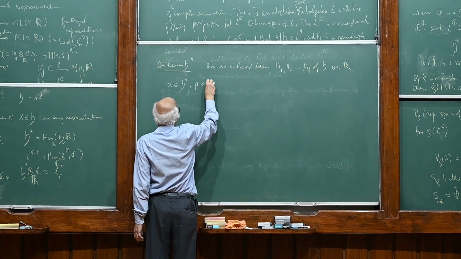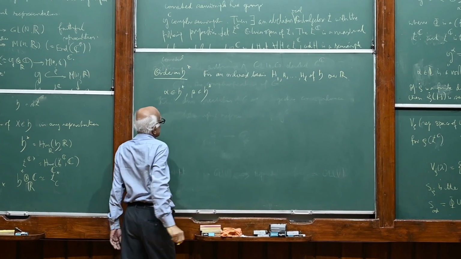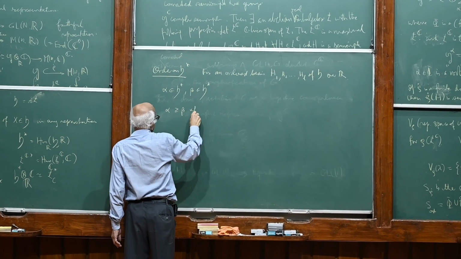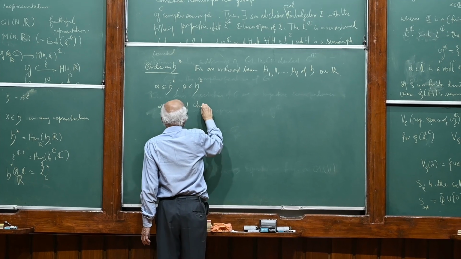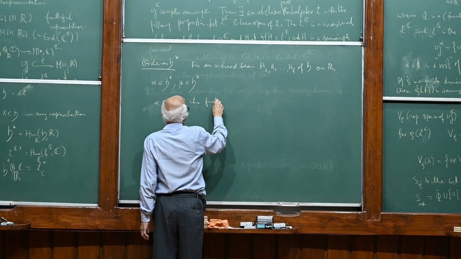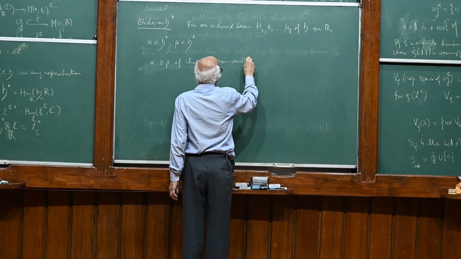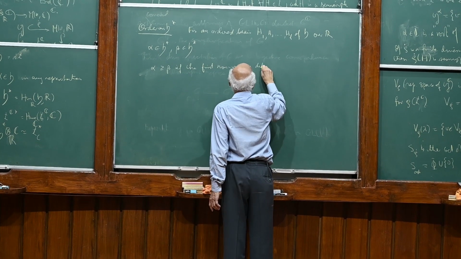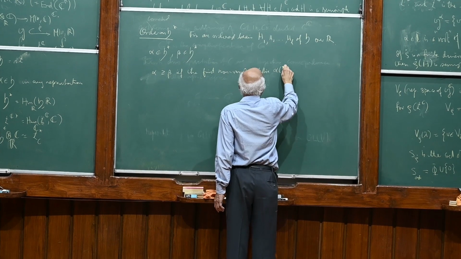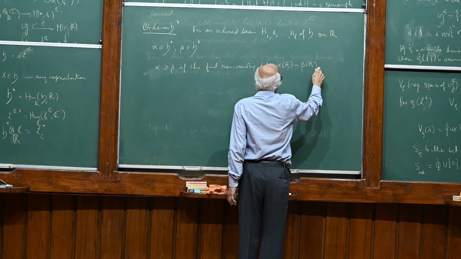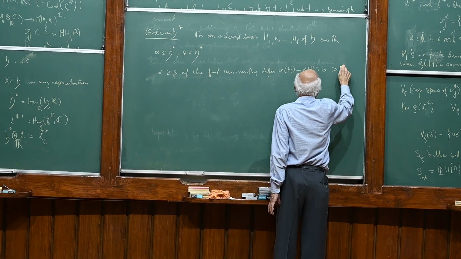Take two forms alpha, beta in H star. We say that alpha is greater than beta if the first non-vanishing difference alpha of Hi minus beta of Hi is greater than zero.